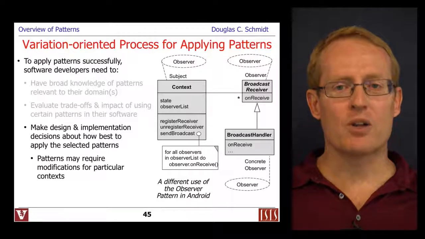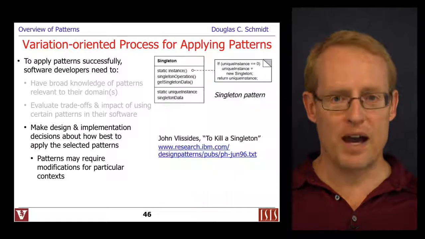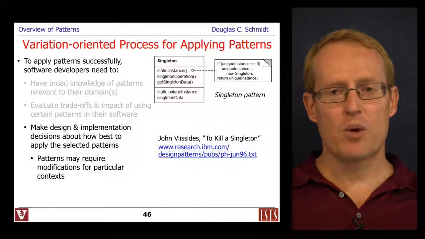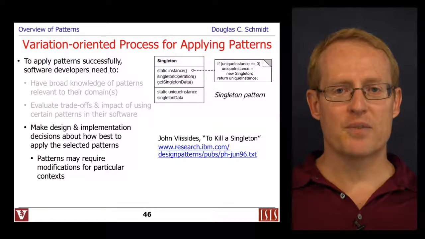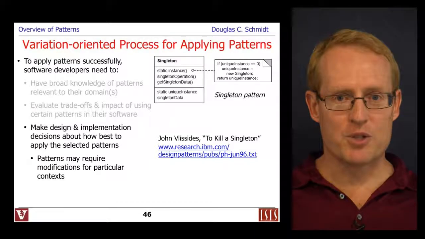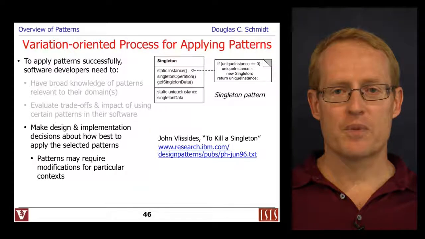Let me walk through a couple related to one of the classic Gang of Four patterns called the Singleton Pattern. The Singleton Pattern defines a global point of access to an object and assures there's only one instance of said object without requiring the use of global variables.